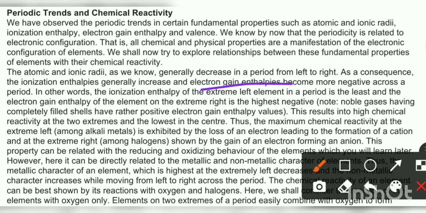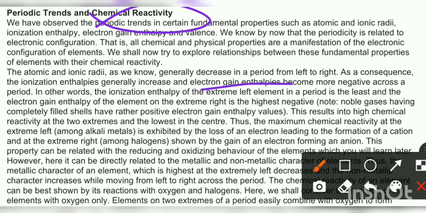Okay, as well as the metallic character, we observe that the metallic property decreases. So these trends in the periodic table give the different chemical reactivity for the different elements.